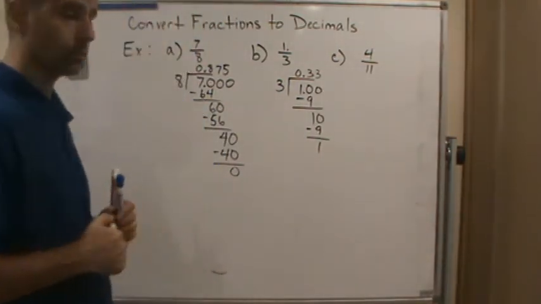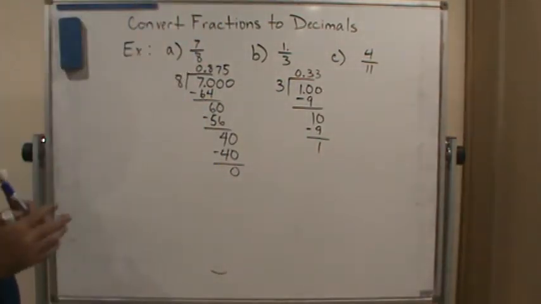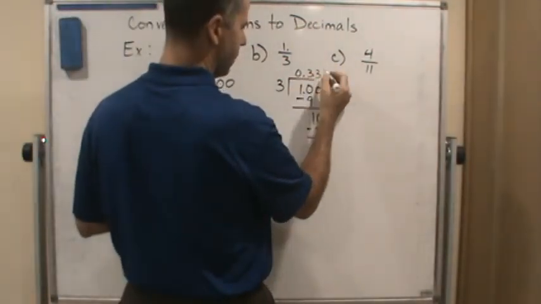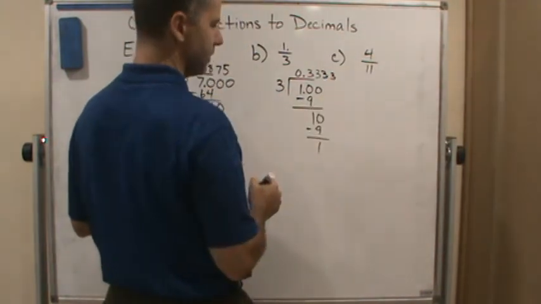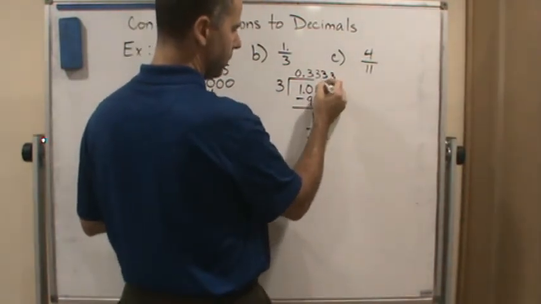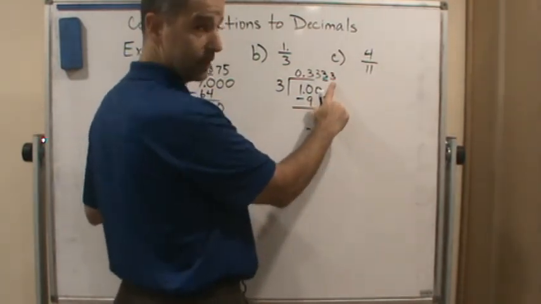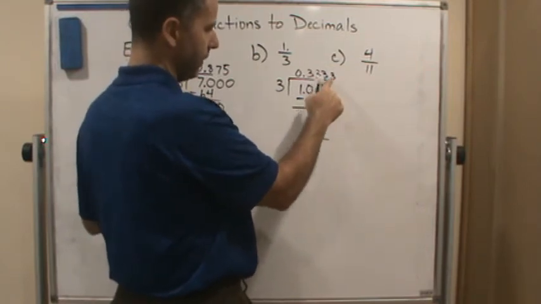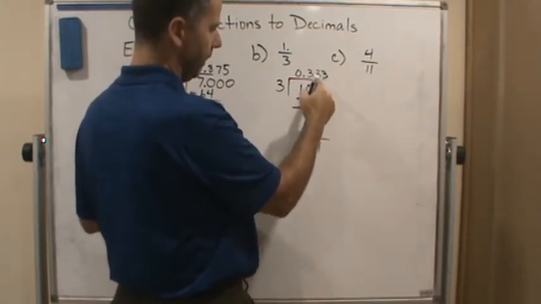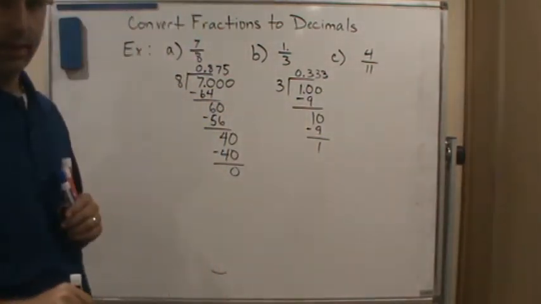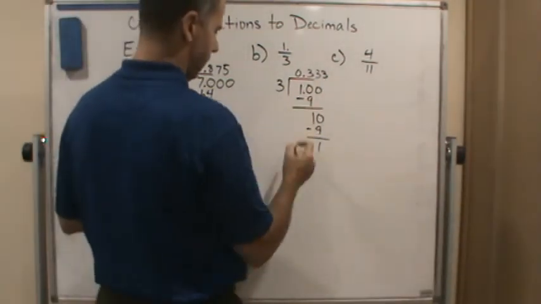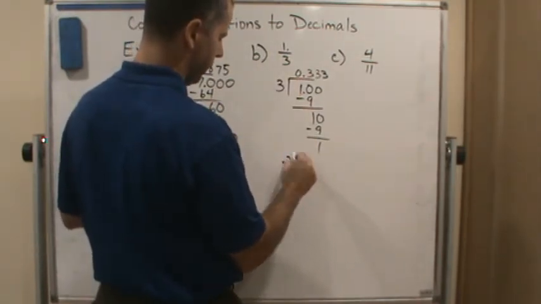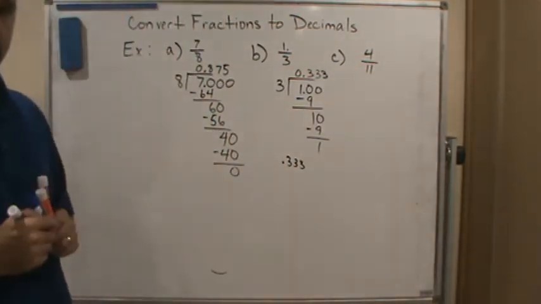So this is where we round to the nearest thousandths. That goes to the tens, hundreds, thousands, ten-thousandths. Since we're rounding to the nearest thousandths, we look at the digit to the right, and it's 4 or less. So that goes away, and we keep the 3 unchanged. The approximate decimal is 0.333, rounded to the nearest thousandth.